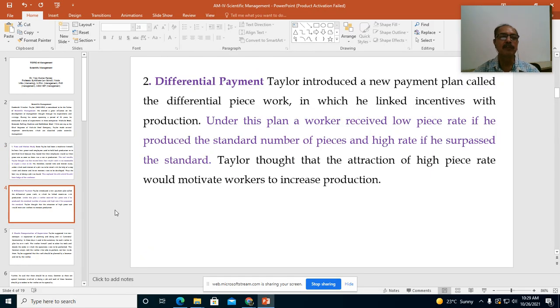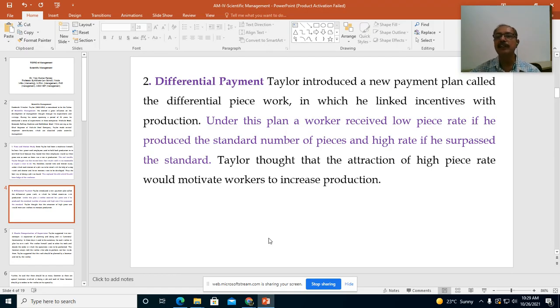Another area he focused on was differential payment. Under this plan, a worker received a low piece rate if he produced the standard number of pieces. That means by using the time and motion study, the best way was known, and how much time a particular job should take was also calculated.